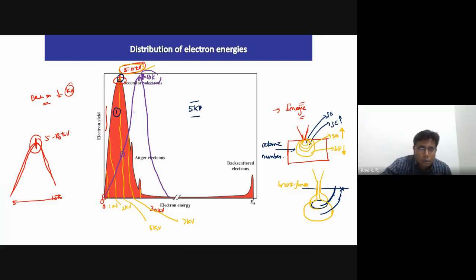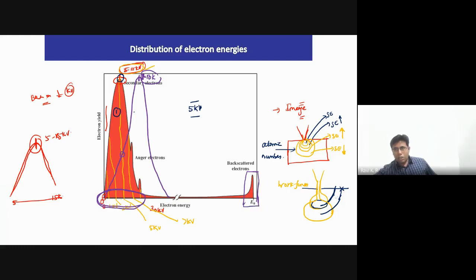Another thing you can look at here is that the range is actually very low. We will see a little bit on this aspect also. If you compare the energy value of backscatter electrons, this is the range where you start getting backscatter electrons. We'll see what backscatter electron is a little later.